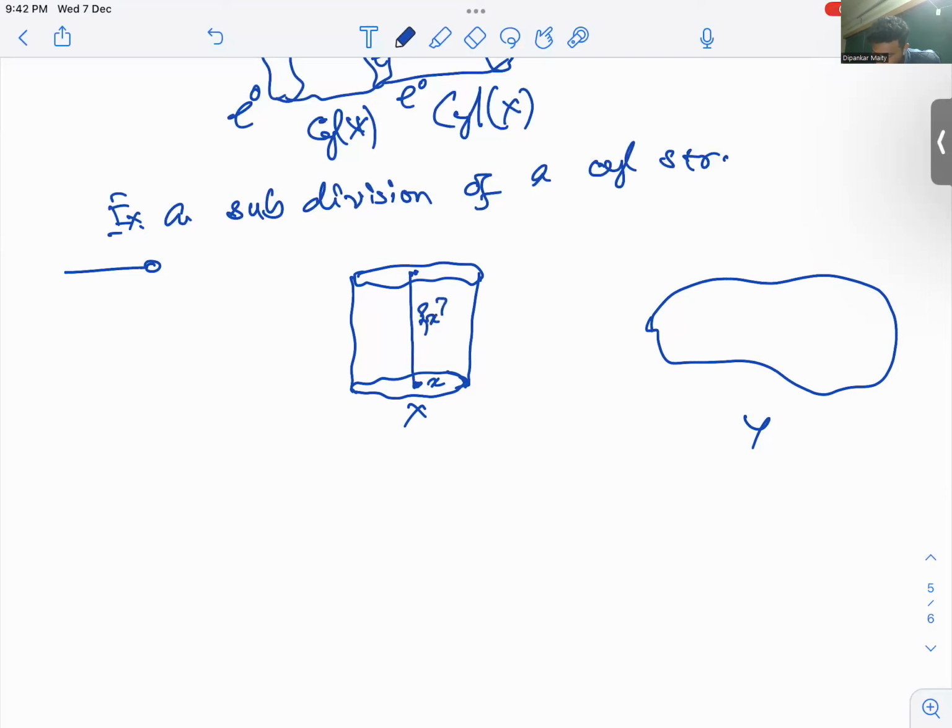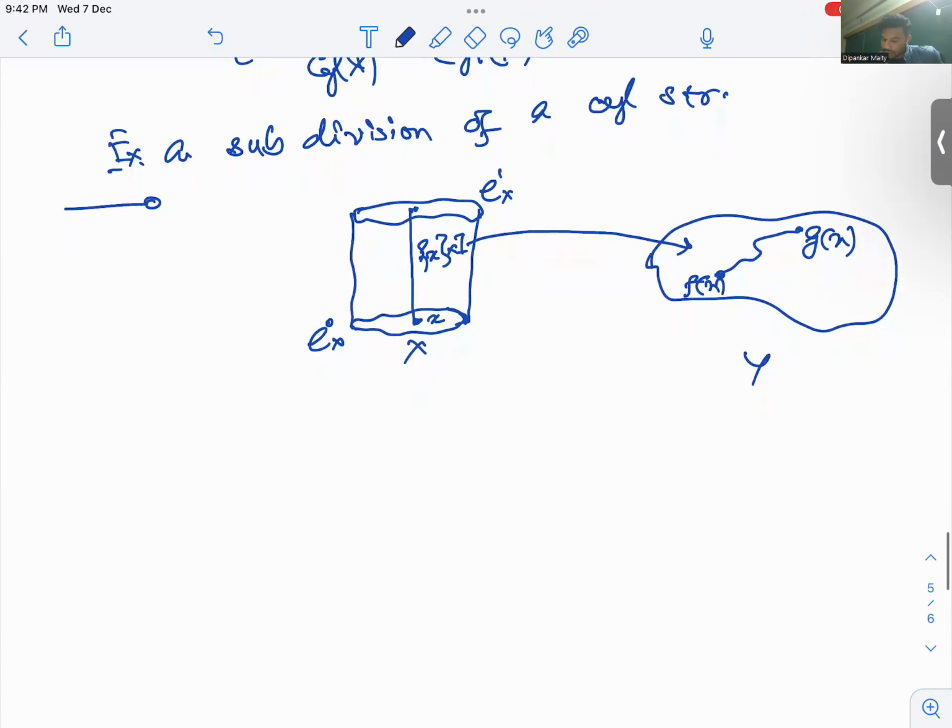The homotopy is mapping this line to a path, something like this. So this is f(x), the bottom end, e0 x. This is the right end, and this is g(x). So a homotopy is a map from the cylinder to Y. But you see, this data of having a cylinder is actually superfluous.